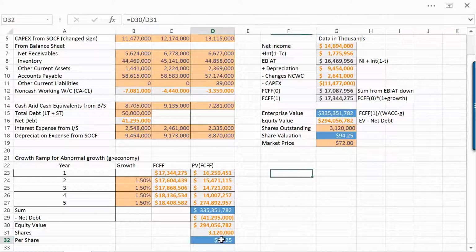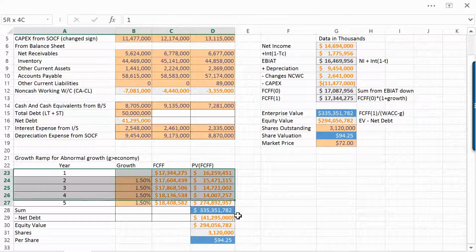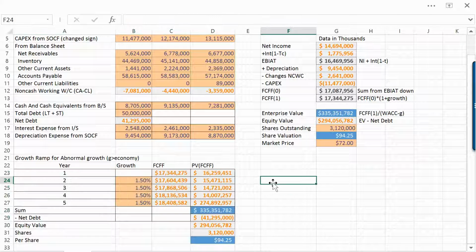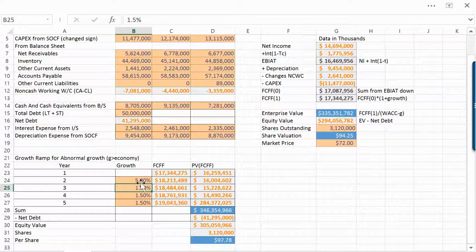So nothing's changed here, but this is called a growth ramp, and the reason why you do that is, what if you had news that you think they're going to grow at, say, 5% next year? And then maybe growth will slow up in the second year, and maybe goes to 3, and then maybe 2.